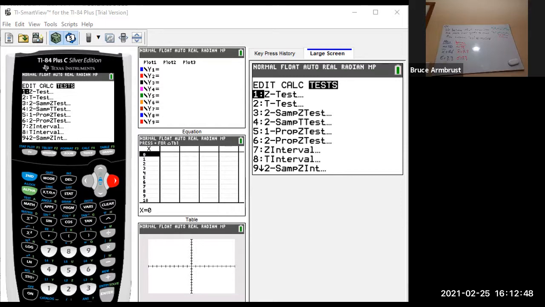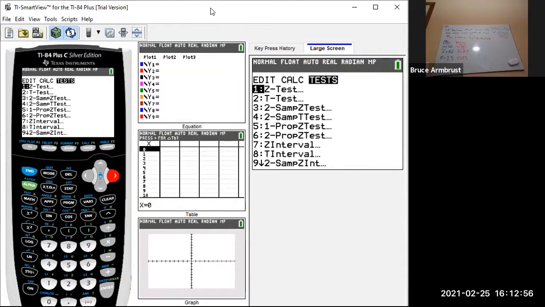And why is it a Z test instead of a T test? Yeah, we've got the standard deviation, specifically the population standard deviation. If you know the population's standard deviation, we get to use a Z test.